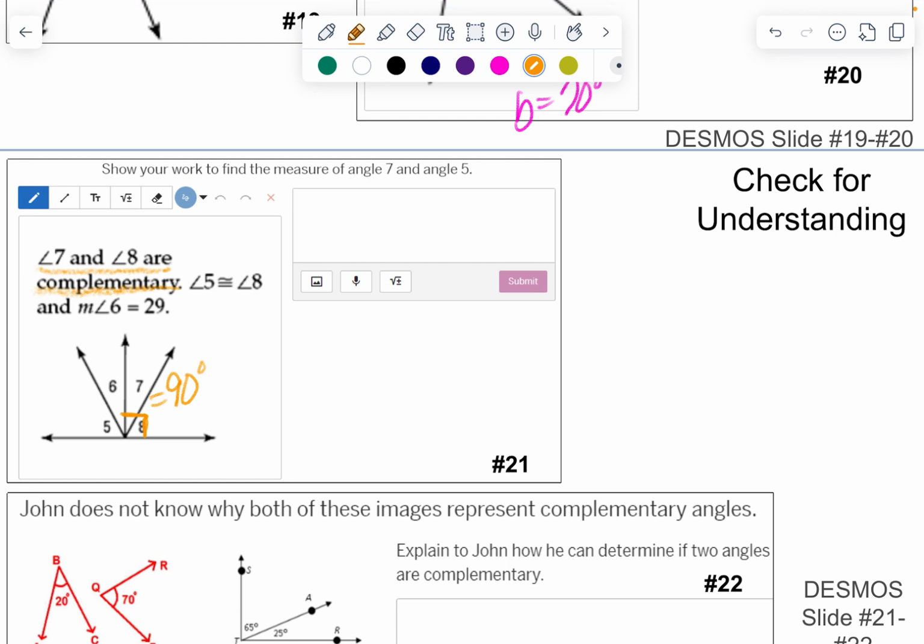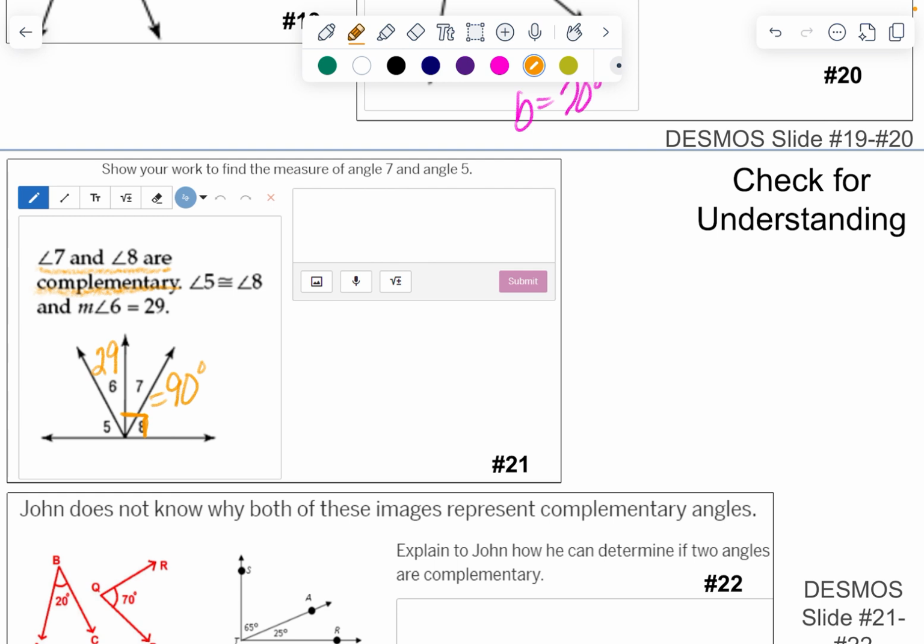Angle 5 is congruent to angle 8. So this angle and this angle are congruent. And angle 6 is 29. So what is the measure of angle 7 and 5?